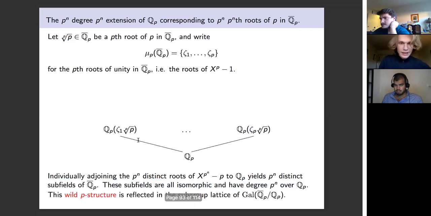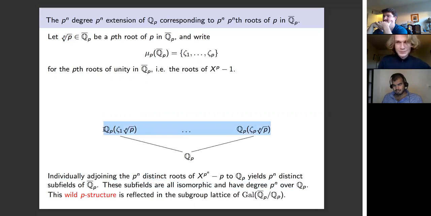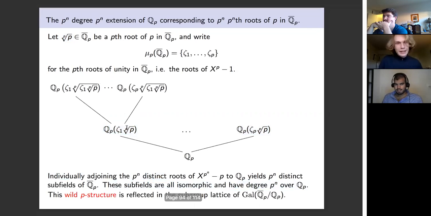So what does it look like? You take Q_p and you adjoin the p-th roots of p. Here zeta_1 is a p-th root of unity. If I take zeta_1 times the p-th root of p and raise it to the p, I get p. And there are p p-th roots of p, and they yield p different extensions of Q_p. Okay, and then I can go again.